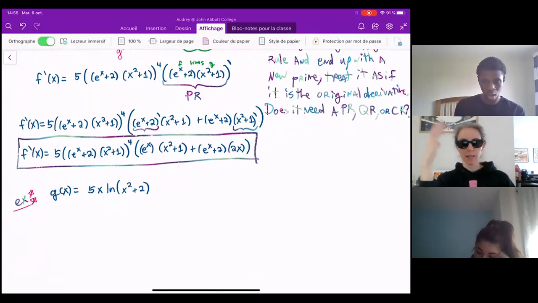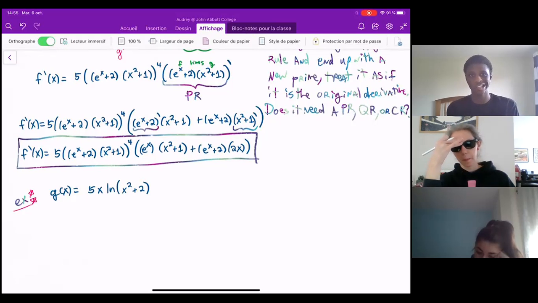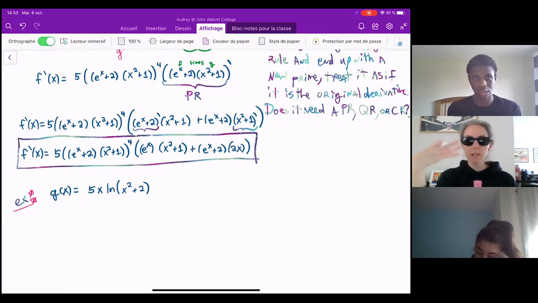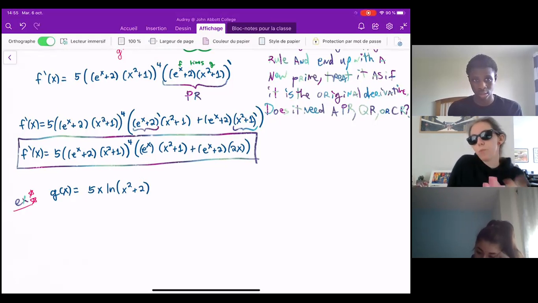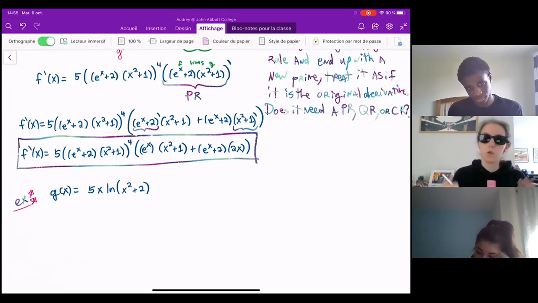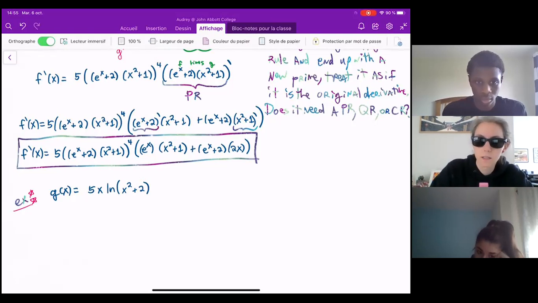Come on, guys. What do you guys think? Think about how we've been asking ourselves, what do chain rules look like? What do product rules look like? What do quotient rules look like? Do I need any of those rules to do this?